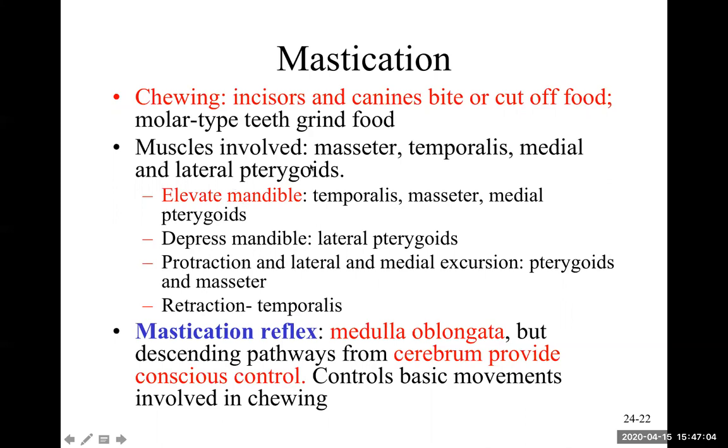The molar type teeth grind the food itself, and it's powered by the masseter, temporalis, and then the pterygoids. Remember, the pterygoids' main purpose is to move your teeth from side to side, as well as to depress the mandible right here, right? So it does cause what's called a mastication reflex.